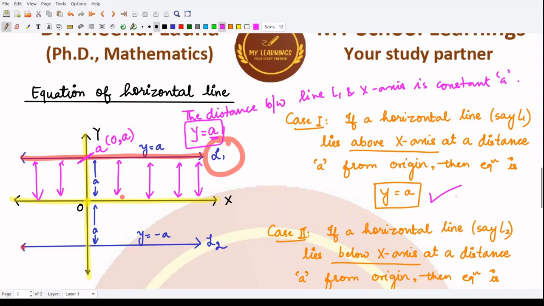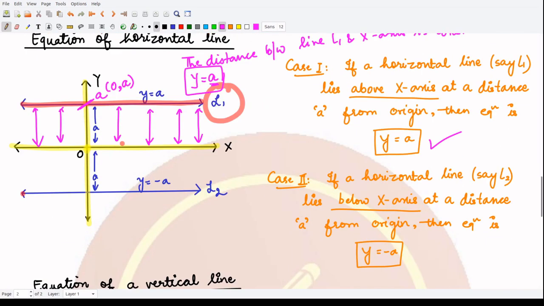As simple as that. Similarly, for the second case, when you have your line lying below the x-axis, parallel to the x-axis, let's call it L2. Here the distance is also A at every place.